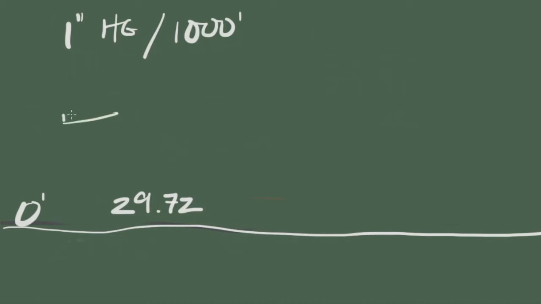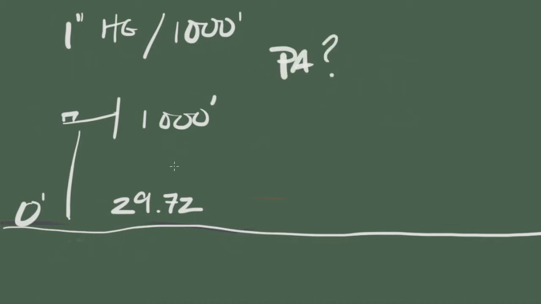We're flying along at 1,000 feet above sea level. So this distance is 1,000 feet. What's our pressure altitude? Okay. Well, 29.72 is lower, right? So as we go up higher, we're not going to reach 29.92 because pressure is decreasing as we go up in the atmosphere.